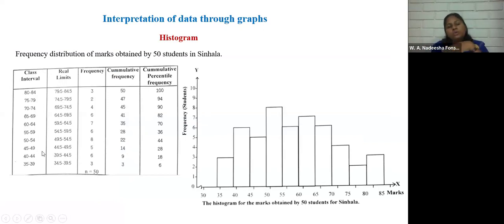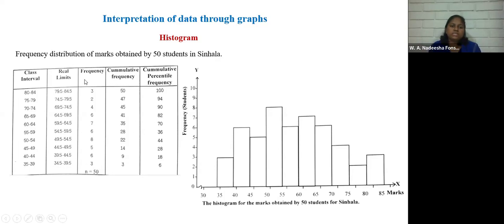That's why we have to go for real limits. To obtain the real limits, we subtract 0.5 from the lower value and add 0.5 to the upper value. Then we have continuous real limits.